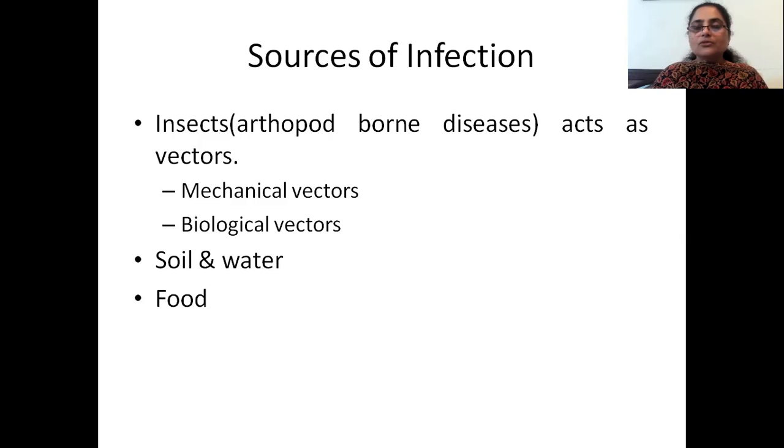Then soil and water are also sources of infection. We know that in soil, n number of bacteria are present, and if we have an open wound, Clostridium tetani is one example. If contaminated soil with Clostridium tetani is exposed to our open wound, then we can get tetanus.